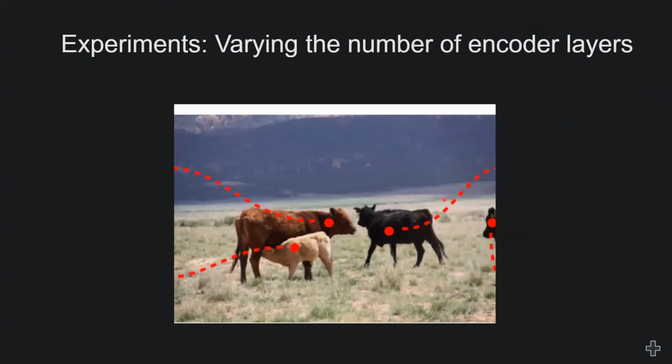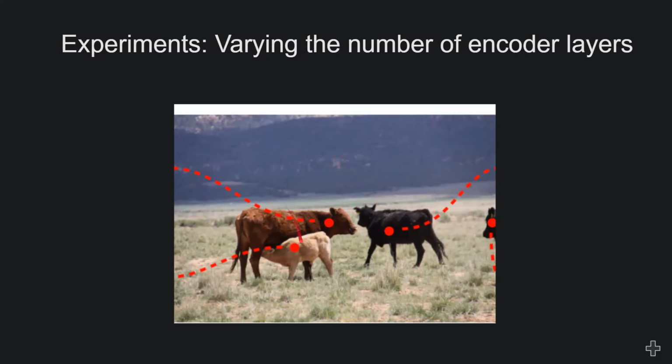Next, the authors vary the number of encoder layers and found out that the more encoder layers they use, the better the AP. But the most significant jump in performance was from no encoder layers to one layer, and an even greater jump if looking only at the AP on large objects.